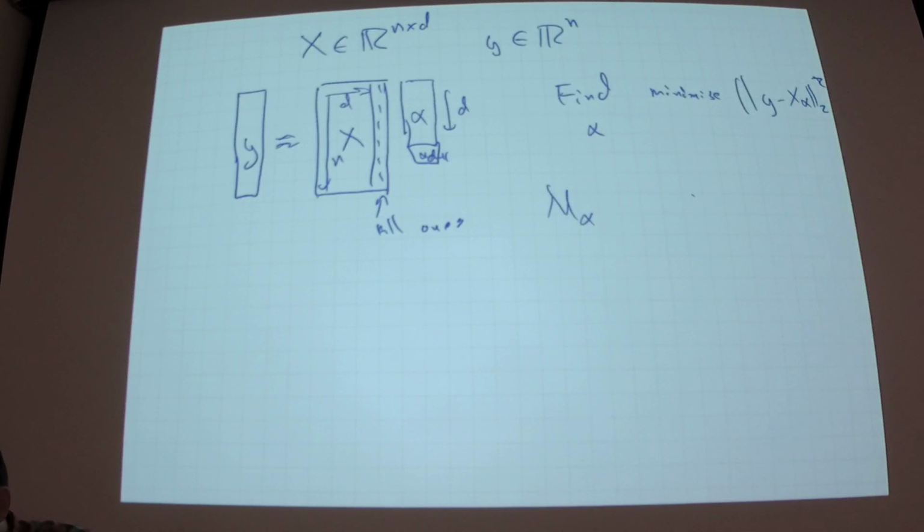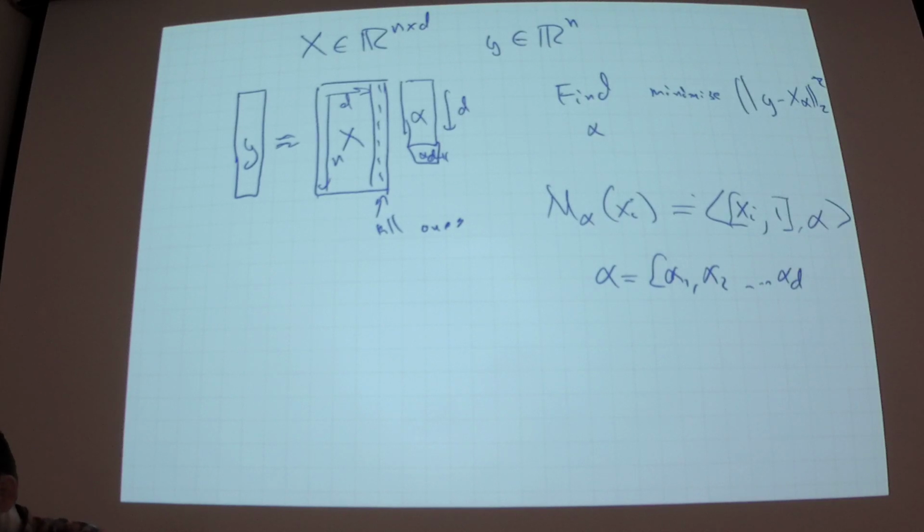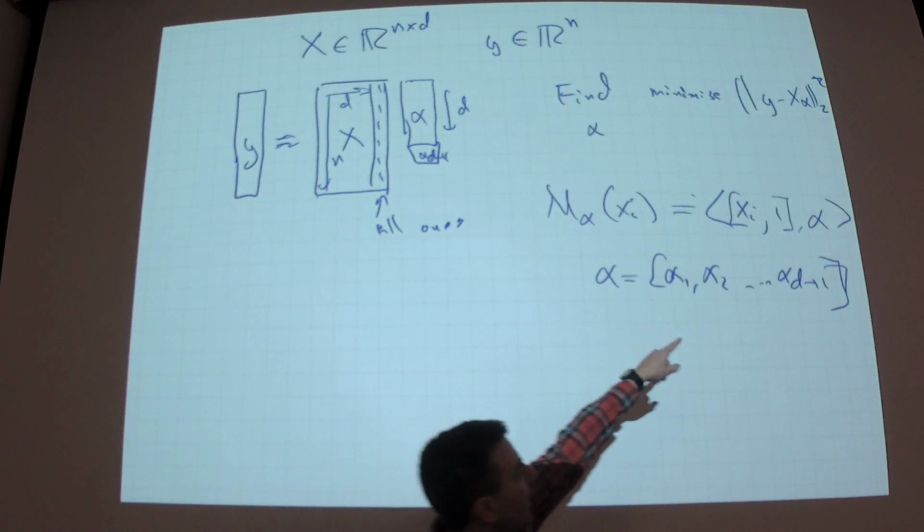Now the model f alpha of xi is the dot product of (xi, 1) with alpha, where alpha equals alpha 1, alpha 2, up to alpha d plus 1, and alpha d plus 1 is now the offset.